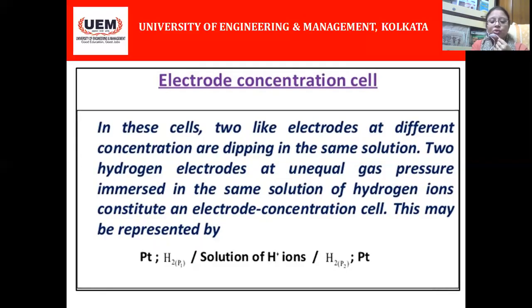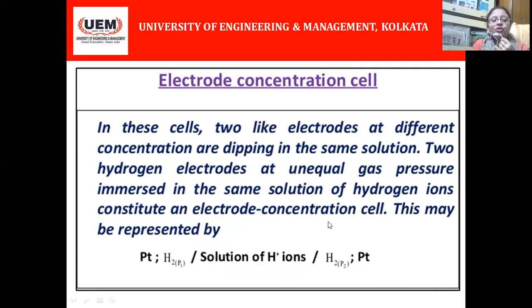Standard hydrogen electrode. There, through the platinum wire, hydrogen will be passed at 1 atmospheric pressure and it will be bubbling up through HCl solution. If in one cell the hydrogen pressure is P1 and in another cell the hydrogen pressure is P2, then it may construct an electrode concentration cell, because in the two electrodes the pressure of hydrogen, or the concentration of hydrogen, is different.